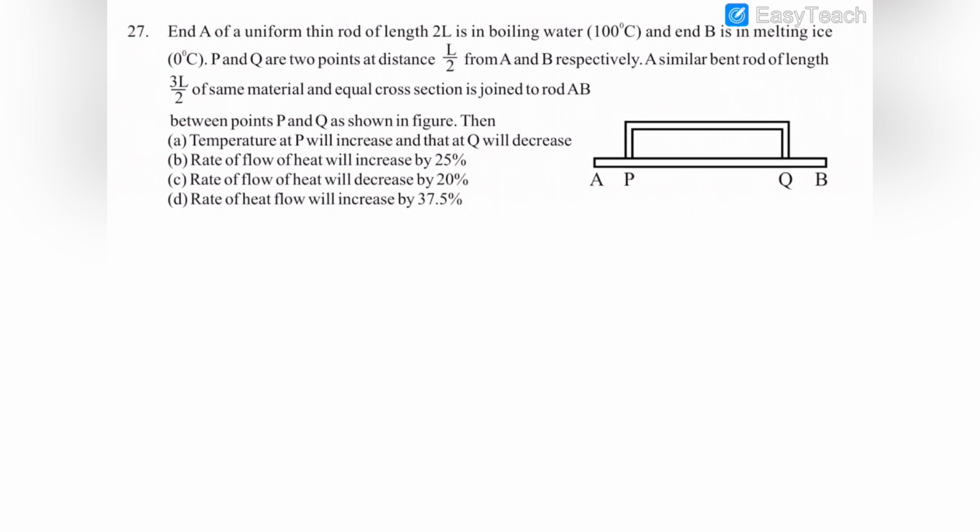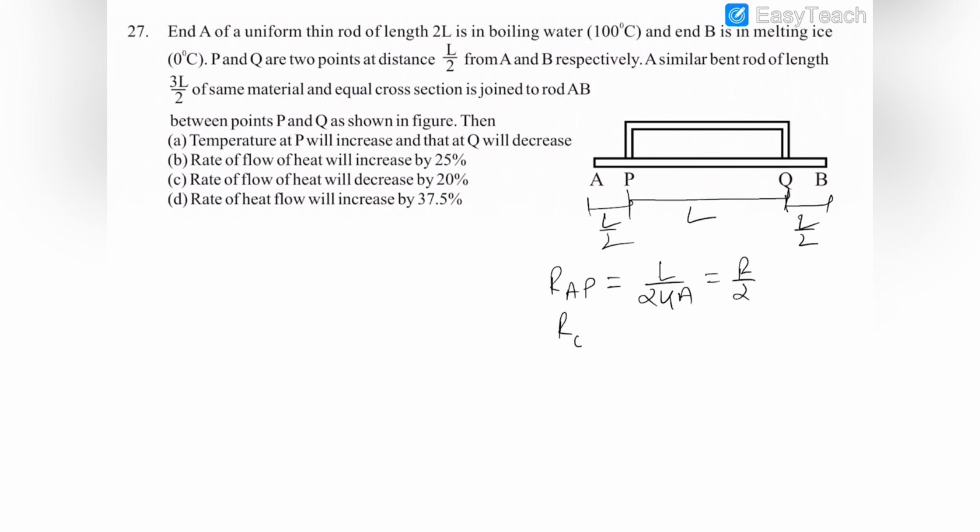So we can see that this rod AB, this length is L by 2 and this is L by 2, and this length is equal to L. So you can write down the resistance of AP as L by 2 Ka, and let us suppose that this is R by 2.